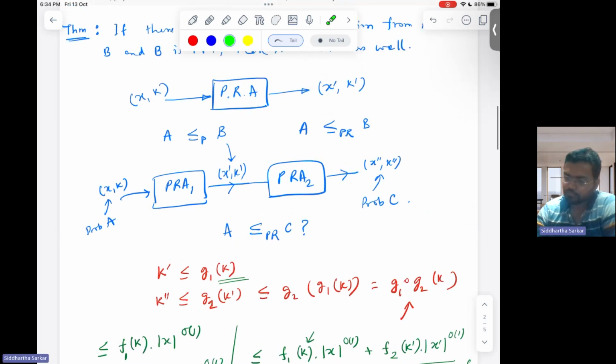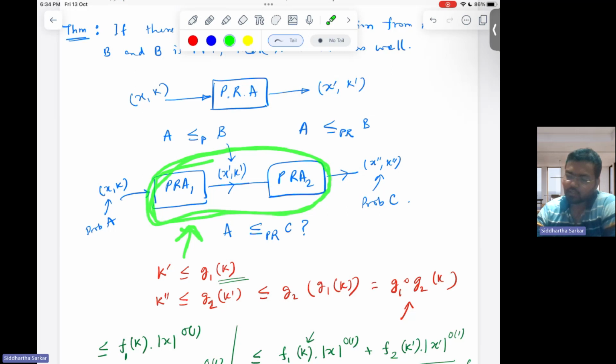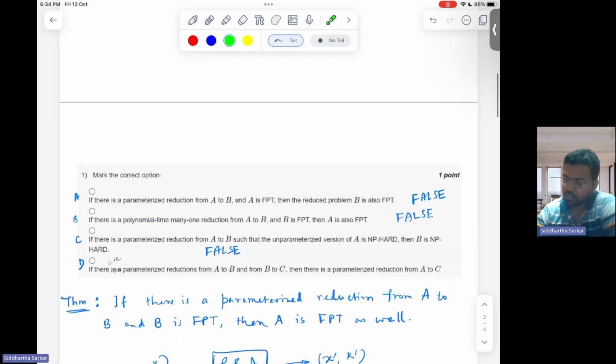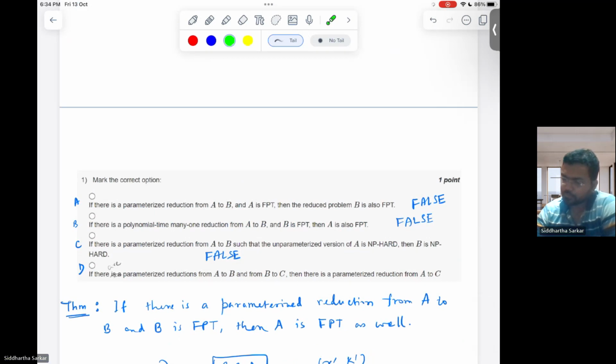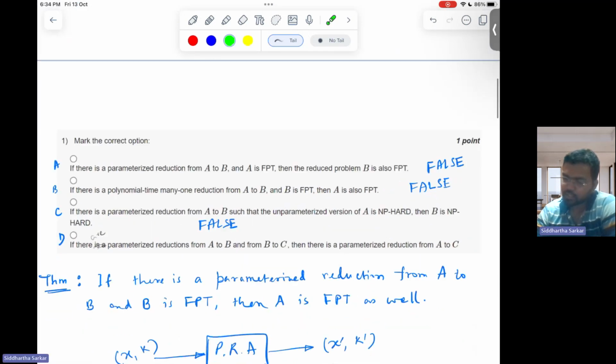So these two parameterized reduction algorithms merged together can be thought of as a parameterized reduction algorithm from problem A to problem C. Therefore, this last statement is correct.